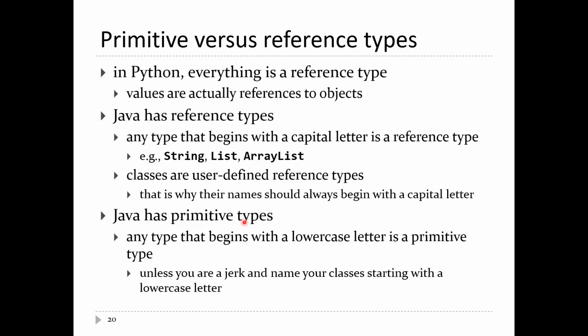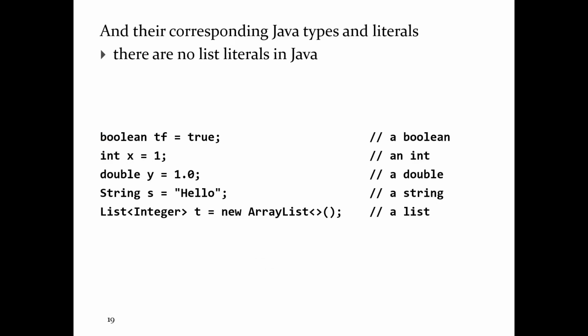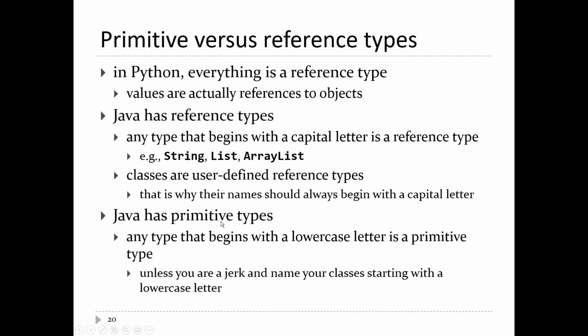Now Java also has a second kind of type called a primitive type. Any type that begins with a lowercase letter, a Java programmer will automatically assume is a primitive type. So things like boolean, int, and double are all primitive types. I'll explain what the difference is between primitive and reference type momentarily. This also explains why the naming convention for classes exists.